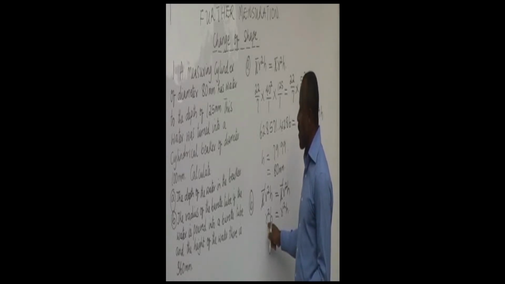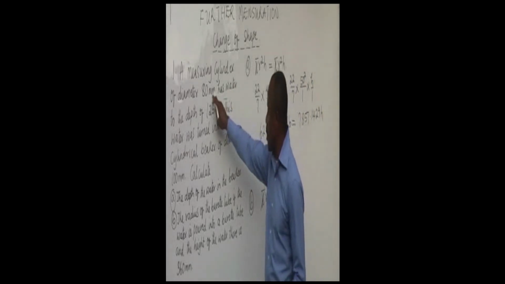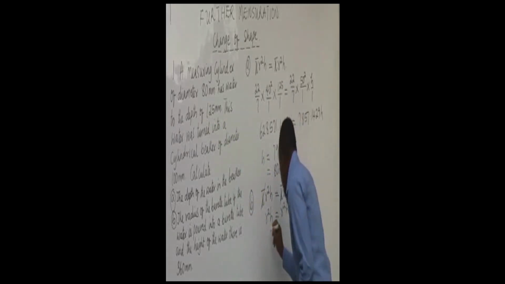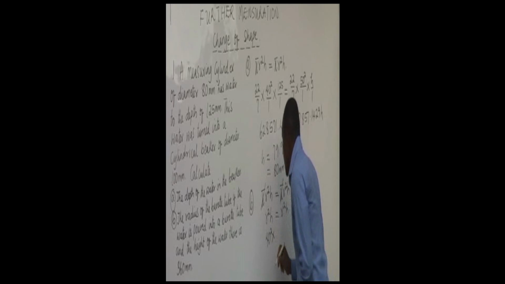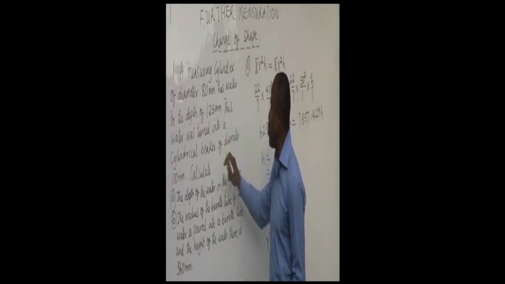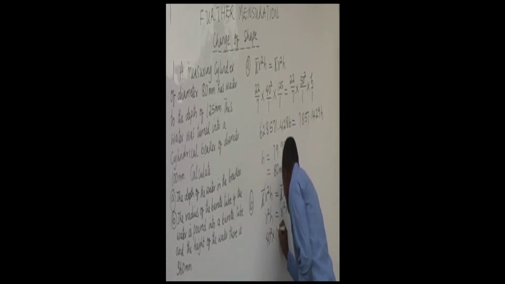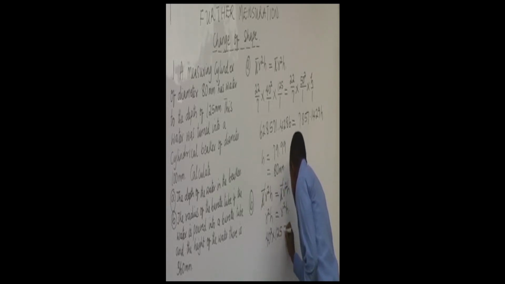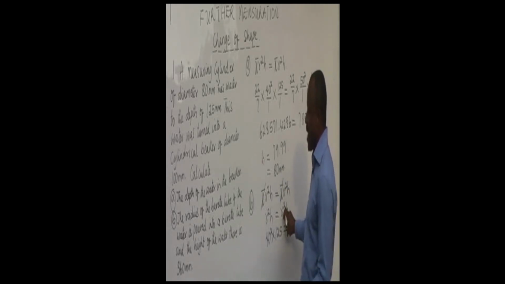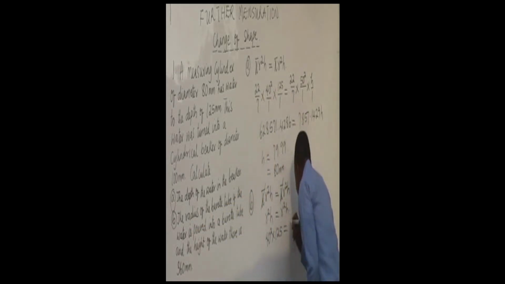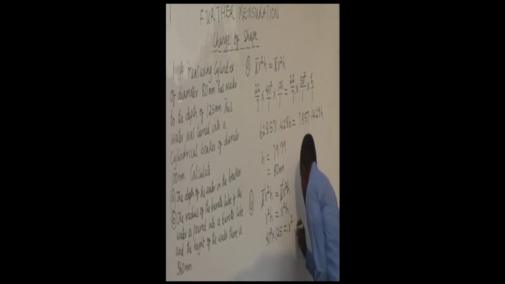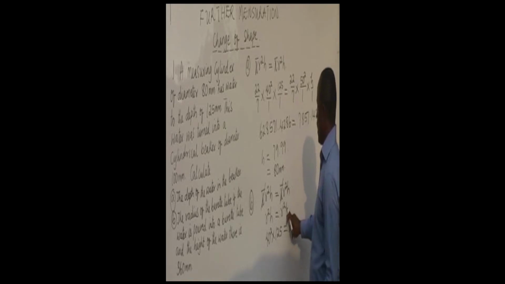Now the radius of the first was 40. That means we are going to have 40 squared times the height, 125 millimeters, is equal to the radius, which is what they're asking for in B. So write r squared times the height.